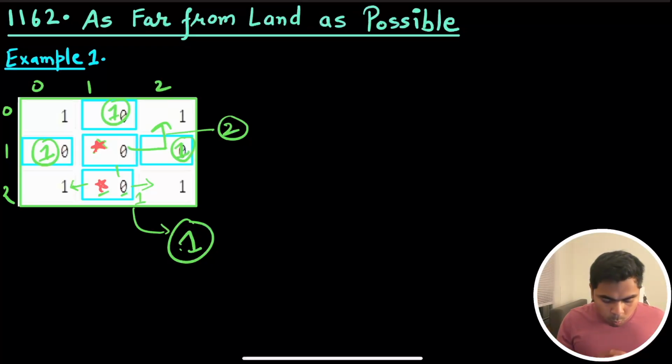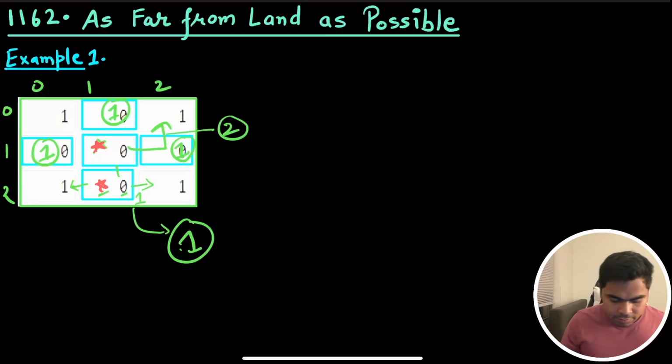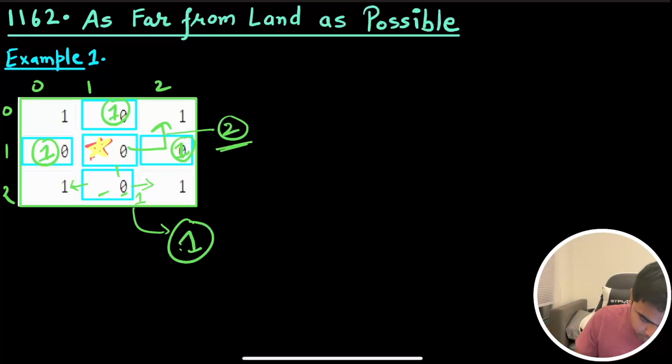So which water cell has the farthest closest-land distance, because we have to maximize it? That is this 2. So basically this cell right here would be our answer, and that answer would be 2.